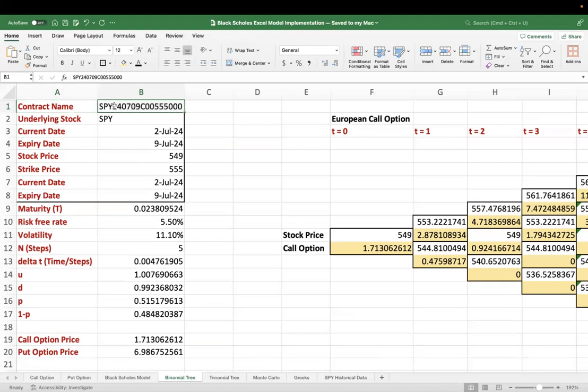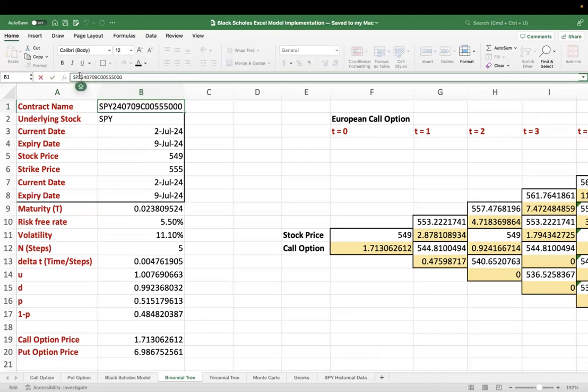Now how to understand this contract, or what can we do to take out the maximum information just by the contract name. SPY basically means that the underlying stock in this contract is SPY. Then the second piece, which is the year, month, and the date, which is nothing but 9th July 2024, the date of expiry.